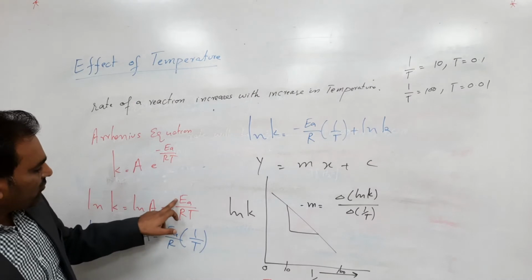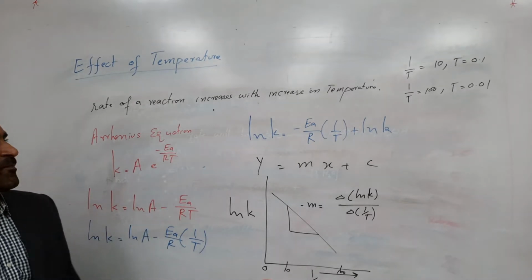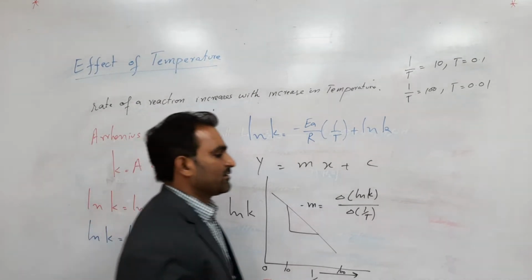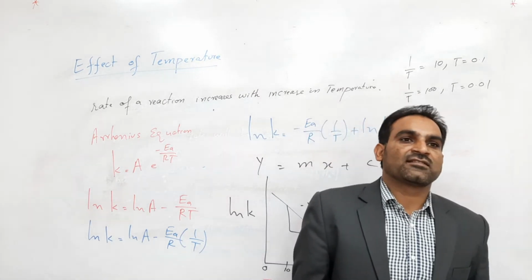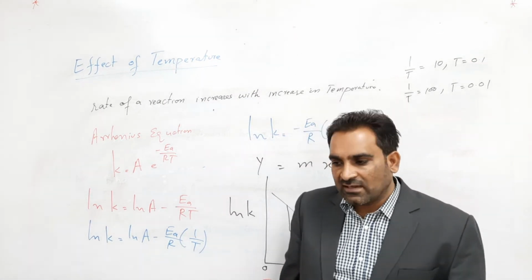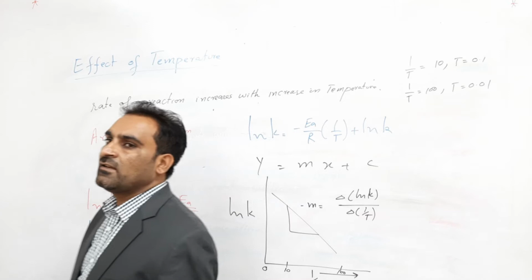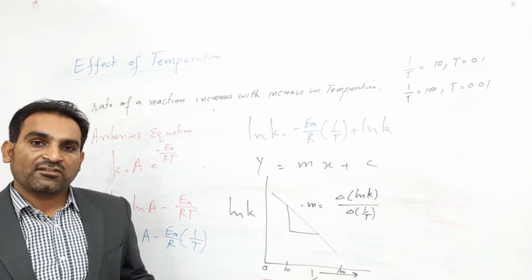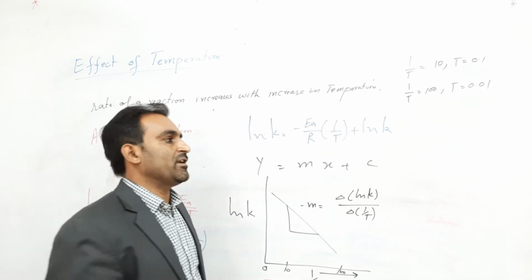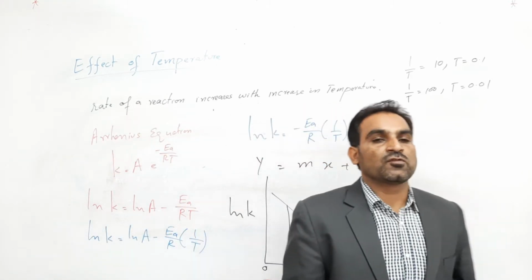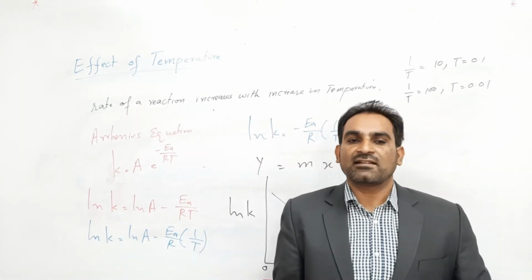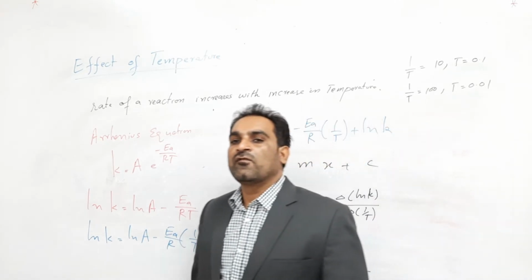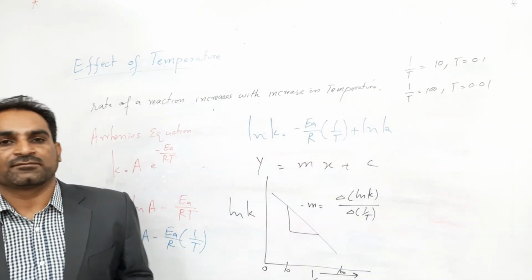Now here you have the concept of activation energy. In fact, this is how temperature increases the rate of reaction. With the increase in temperature, the number of effective collisions, those collisions whose energy is greater than the activation energy, will increase.